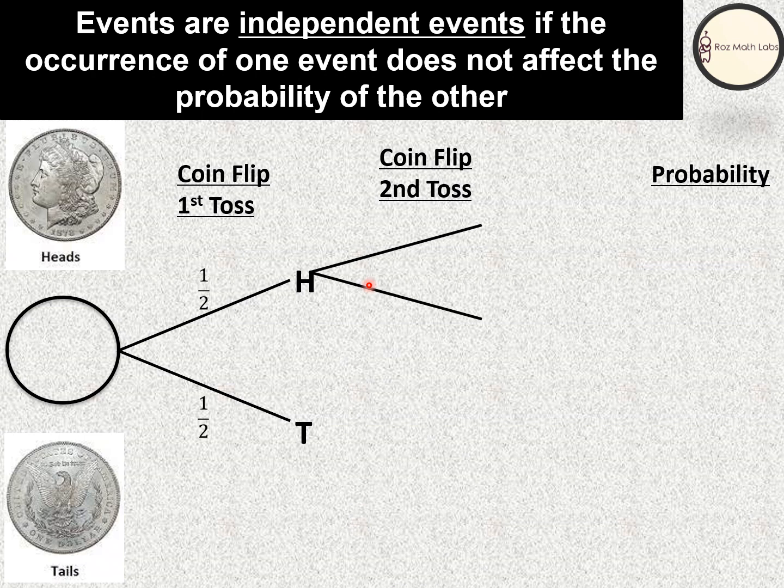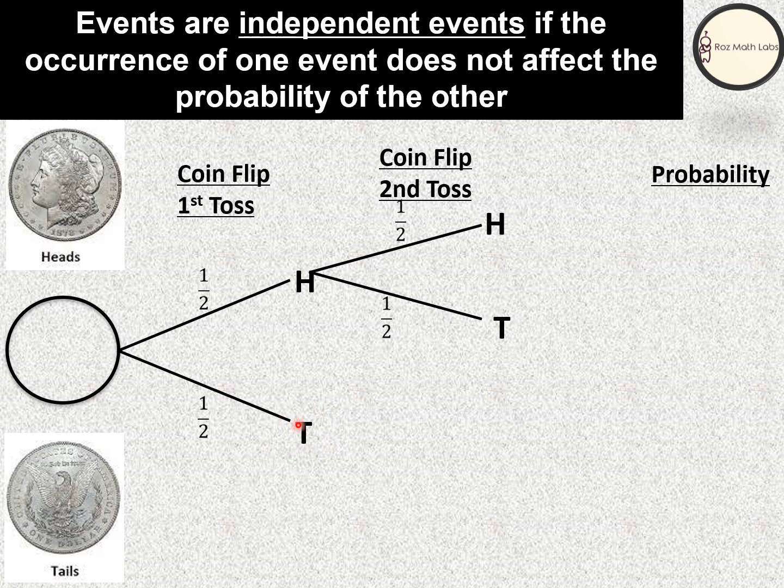Again the chances can be either head or tail. So the occurrence of the head during the first toss will not affect the second time. Hence it's an independent event. And here again the outcome will be half and half. Remember, the coin, when we flip it the second time, does not have any memory of the first toss.